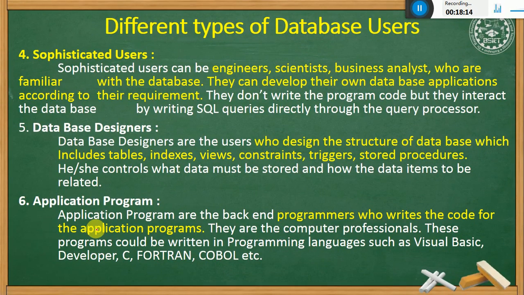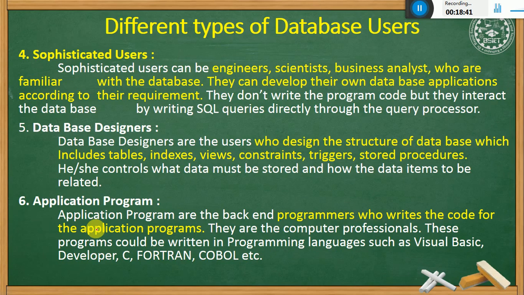Fourth, the sophisticated user. Sophisticated users are engineers, scientists, and business analysts who have basic information about the database. They have technical knowledge, so they can develop an application according to requirements. They know programming for the database. So these are called sophisticated users. Fifth, the database design engineer.